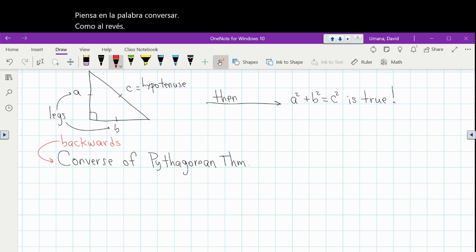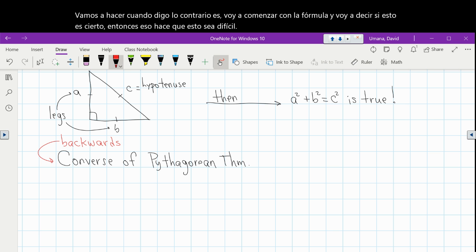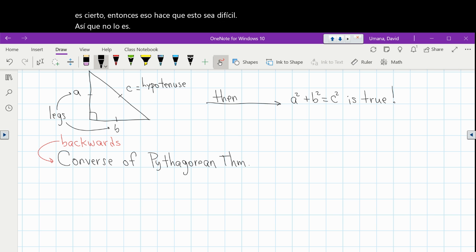Because my original statement says begin with the triangle, this makes the formula. And all I'm really going to do when I say the converse is start with the formula and say if this is true, then that makes this triangle. So it's backwards. Okay? So we now say this.